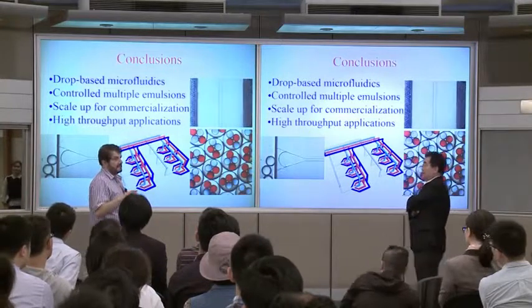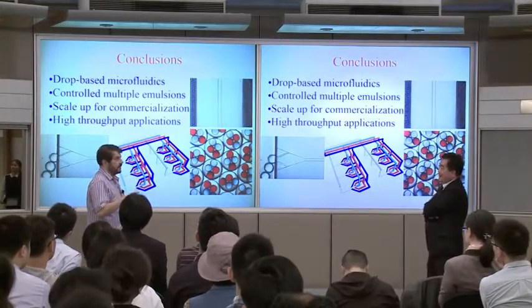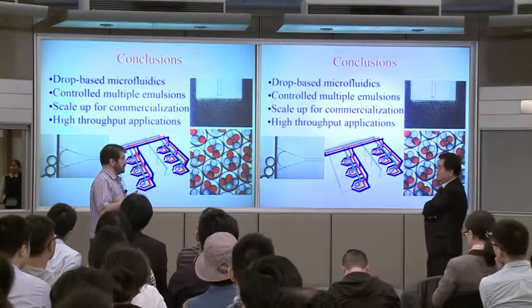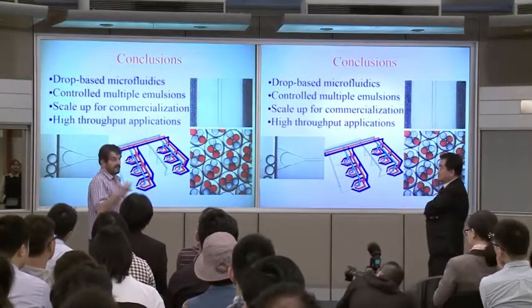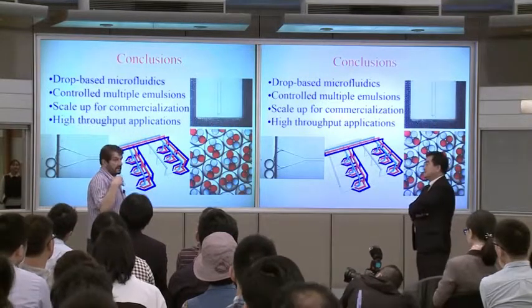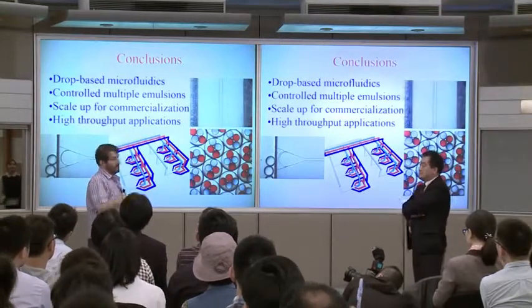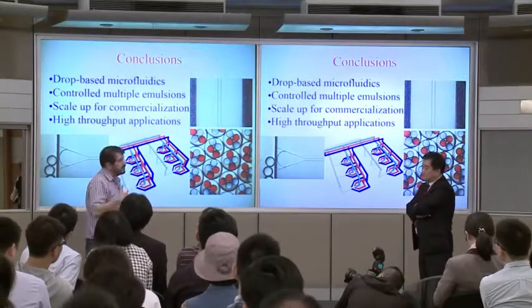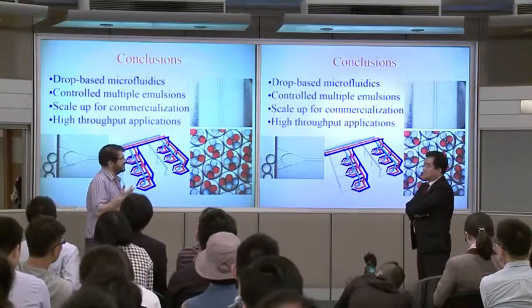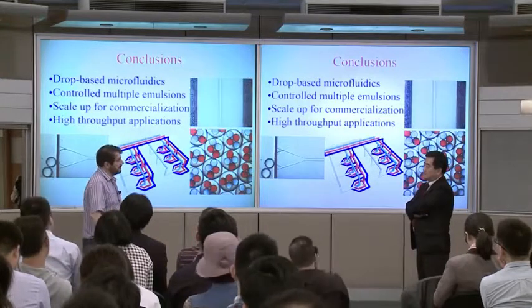The key to make drops is you want to use typically immiscible fluids. And so you need any pair of immiscible fluids. So we can use silicon oil and mineral oil, silicon oil and fluorinated oil, or aqueous solutions, or DMSO. So we can use a variety of different things as long as they're immiscible or relatively immiscible.